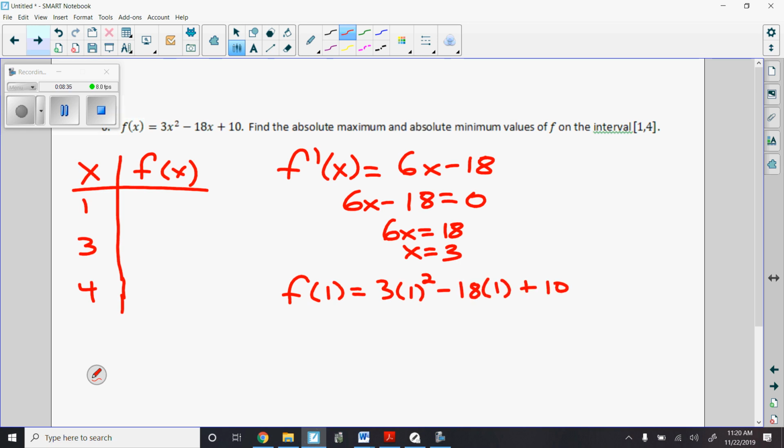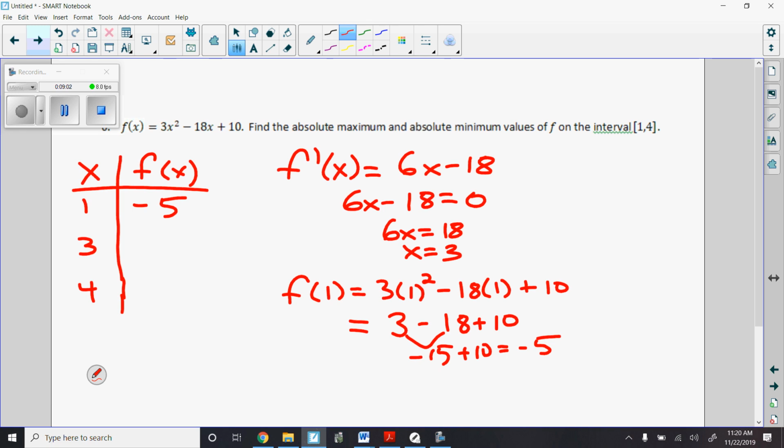And again, we have to do this without a calculator, so just do it carefully. 1 squared is 1, 3 times 1 is 3, minus 18 plus 10. 3 minus 18 is negative 15, plus 10 equals negative 5. So I know that's my first one. I recorded it on my little t-chart there, so I have an easy place to look at the end. I don't have to look all over my page.